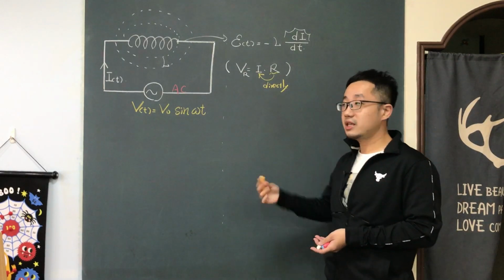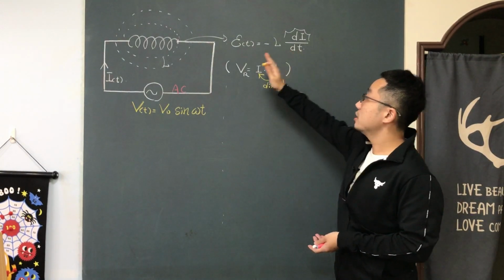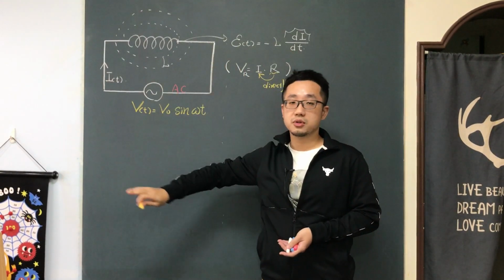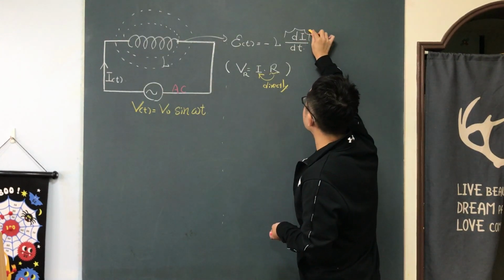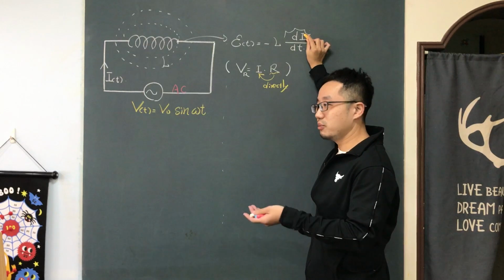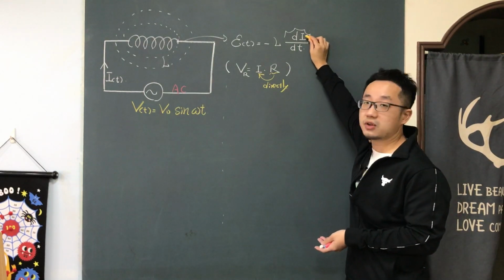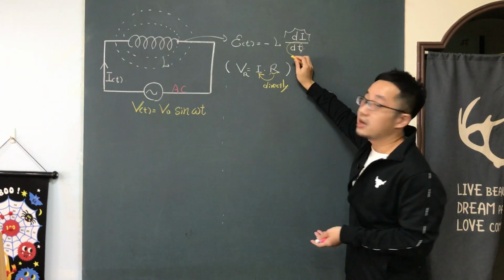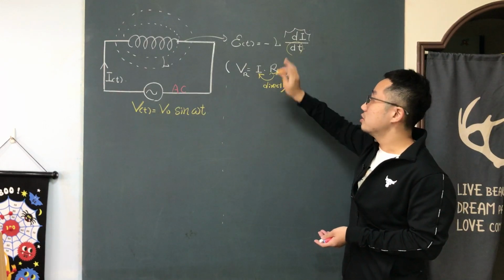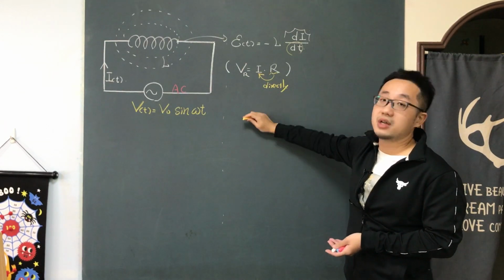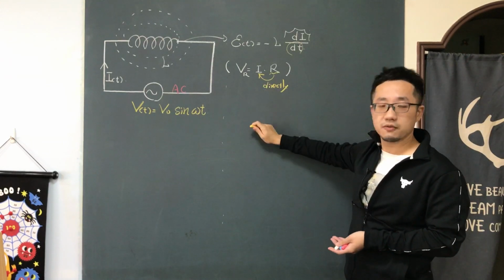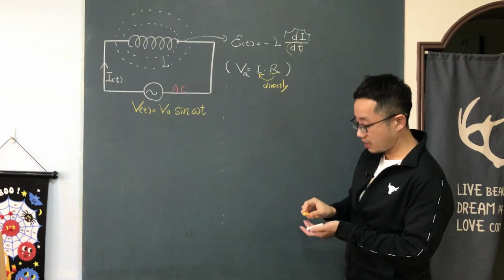But for an inductor, it will like to oppose the change of the current, or to be more specific, the rate of change of current with respect to time. So the voltage across your inductor is not going to be in the same phase with the current passing through it.